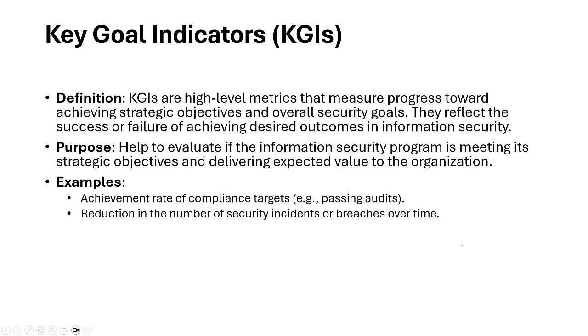So I'll give an example. Let's say your organization is willing to accept a low risk of data breaches. Here we have a risk appetite, and the risk appetite is to accept a low risk of data breaches.